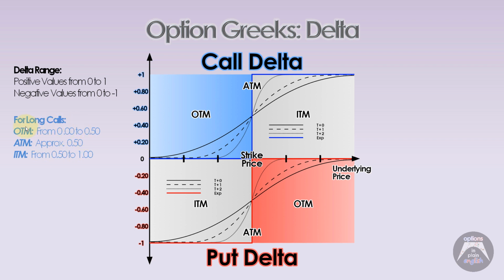For long calls, the out of the money are going to range from 0 to 0.50, and at the money it's going to be approximately 0.50, and in the money are going to start from 0.50 and are going to go as high as 1. It's never gonna be higher than 1, because the most you can have with a call is long stock, which is 1.